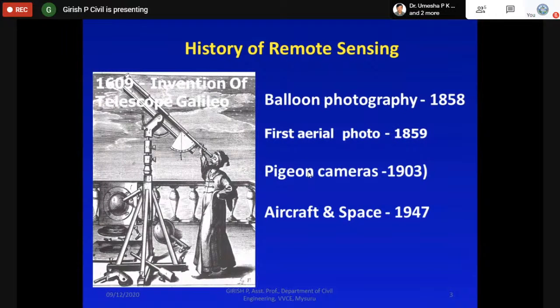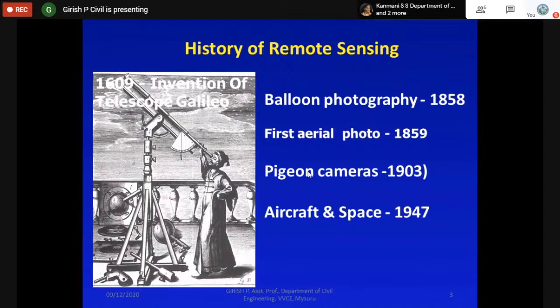That's why earlier we called it photogrammetry. Then from photogrammetry to aerial photographs, then adding technology, remote sensing. To that remote sensing, we added software called GIS. Now combined together, we have various applications of GIS, that is Geo-informatics.